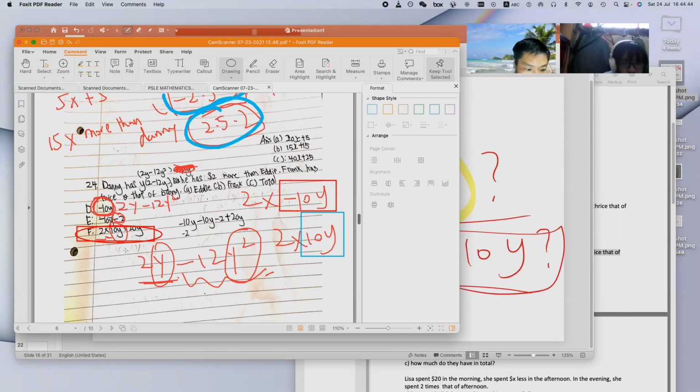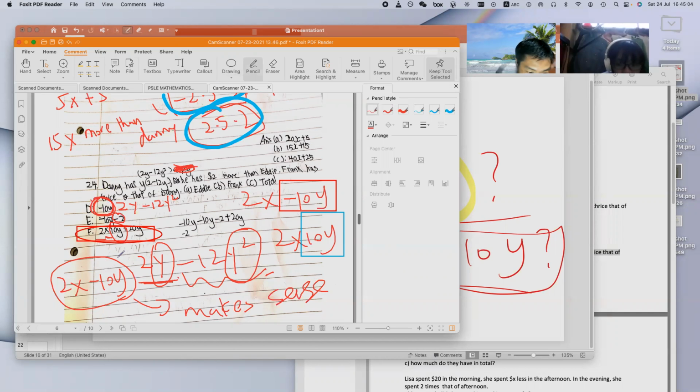If you tell me Danny has minus 10y, and then 2 times Danny, I'm supposed to write down 2 times minus 10y. So in this case, it still makes sense, right? Because according to your wrong answer, Danny has minus 10y.